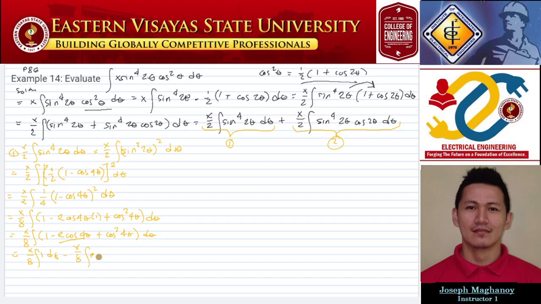So that is 2 cosine 4 theta d theta plus x over 8 integral of cosine squared 4 theta d theta. Okay, so what is our next step? It's getting heavy.